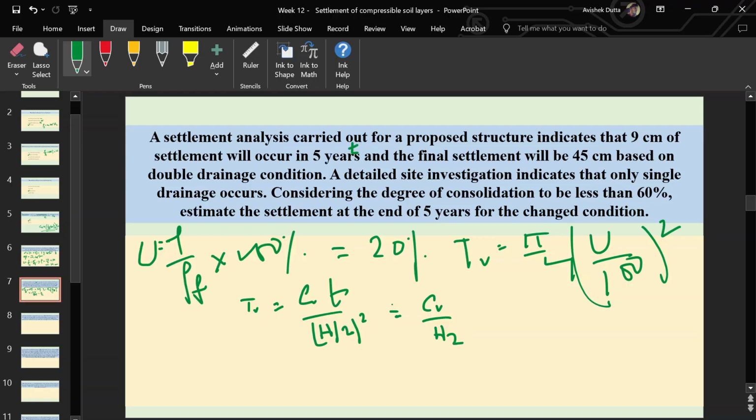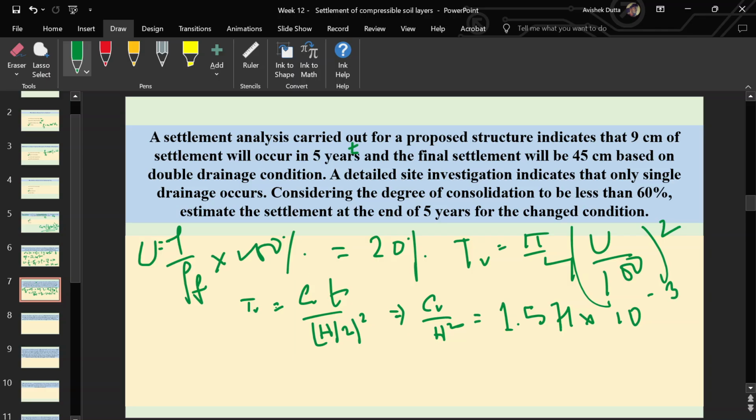If you put the values, find out TV and put the value of T with the respective units changed, you will find the value is approximately 1.571 into 10 to the power minus 3.